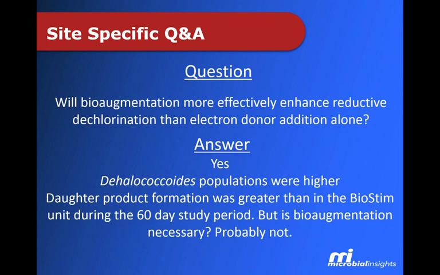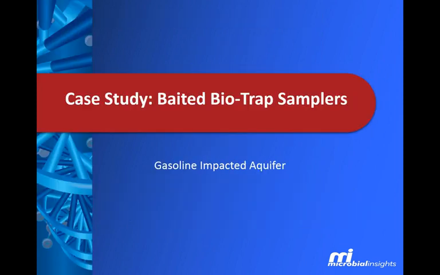Well, the answer seems to be yes, but will bioaugmentation be necessary? The answer is probably not. We can probably get higher rates with bioaugmentation, but the question remains as to whether that would be cost effective, because with electron donor alone, we can get complete reductive dechlorination.